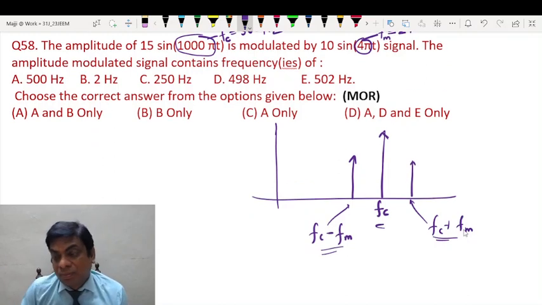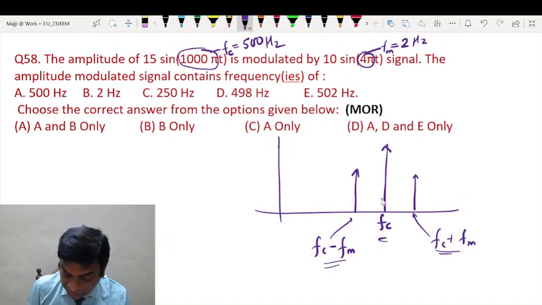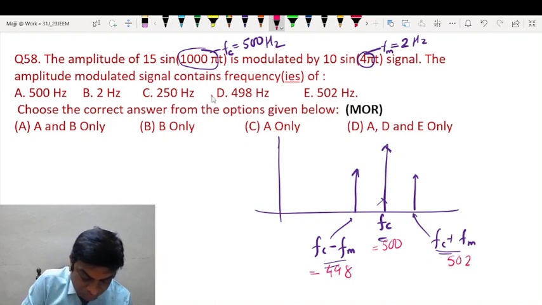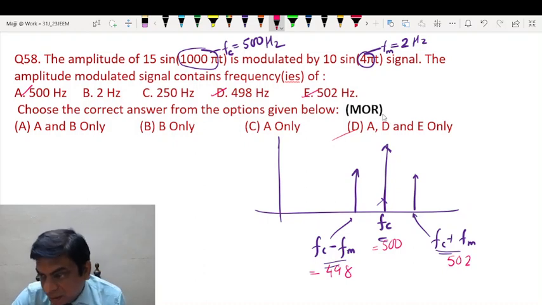Of course, before broadcasting, the modulating frequency signal is eliminated. So here Fc is 500. So we have 500 minus 2, that is 498, and 500 plus 2, that is 502. So 498 will be there, 502 will be there. So A, D and E, that is D option is the correct answer.